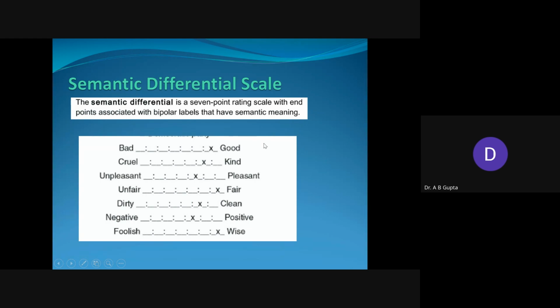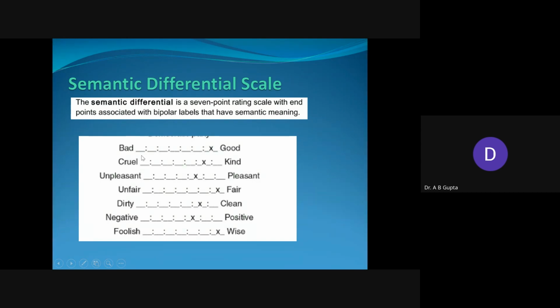You have these bipolar adjectives, these bipolar labels. You can have any number of bipolar labels. And then this is a 7 point scale: 1, 2, 3, 4, 5, 6, 7. For the bipolar labels, you have these 7 points, and from these 7 points, you have to tick or cross at any point.